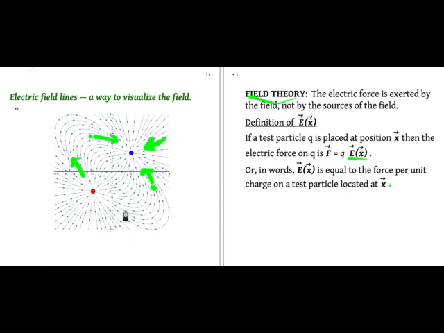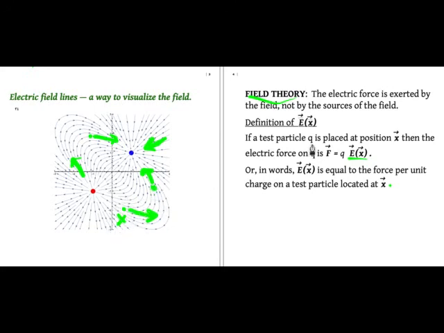If there happens to be a charge at some point, it will experience a force in the direction of the value of its charge times the electric field. But the electric field doesn't depend on this charge. The electric field exists at this point, some arbitrary point X, whether there's a test charge there or not.